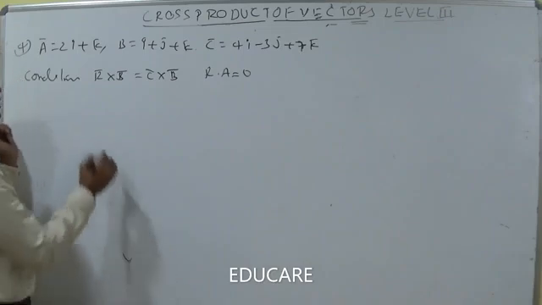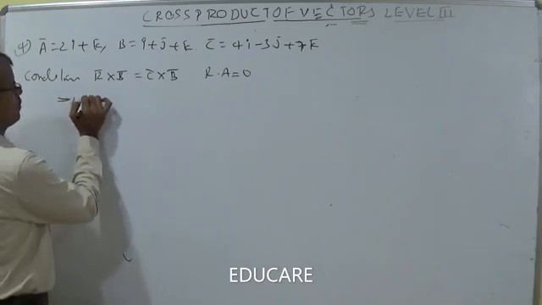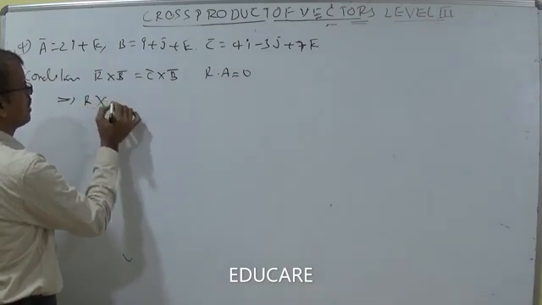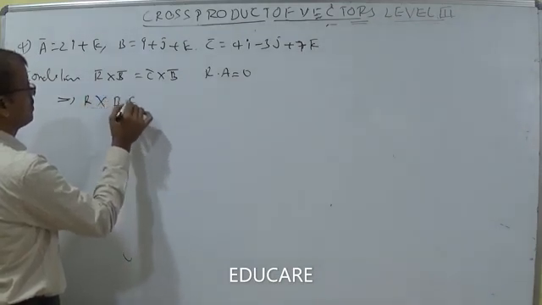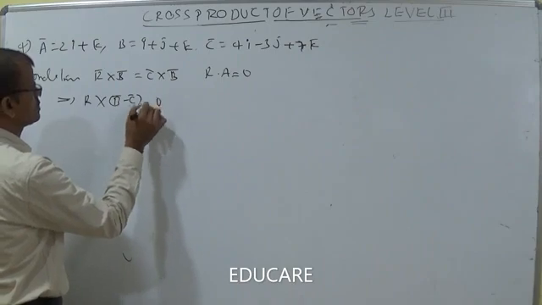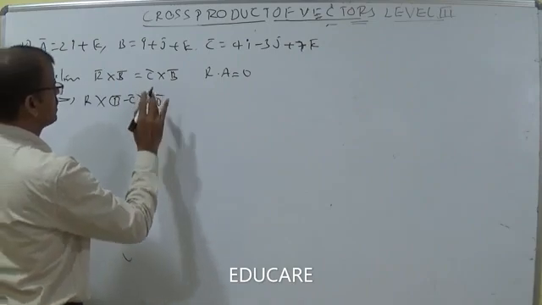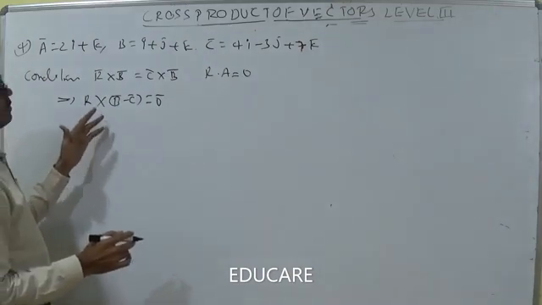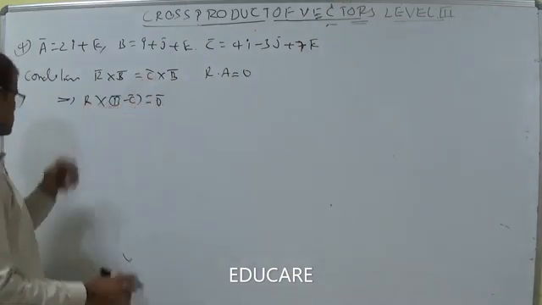Using this condition, R bar cross B bar, taking this side, it becomes R bar cross B bar minus C bar cross B bar equal to 0 bar, a null vector. R cross B, this is C cross B.